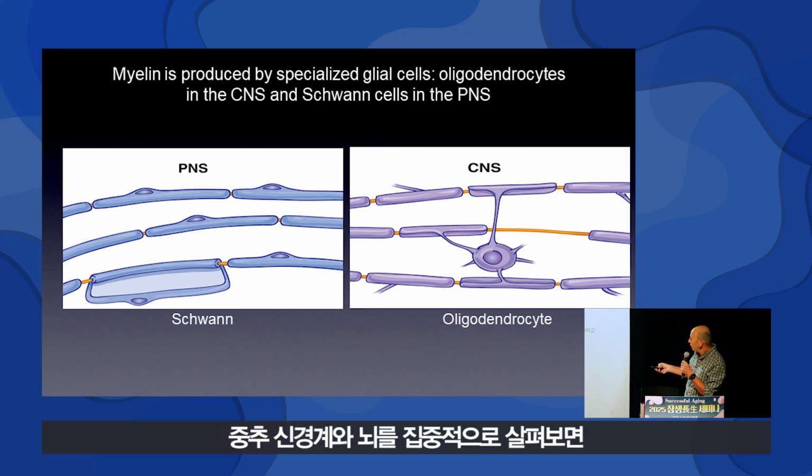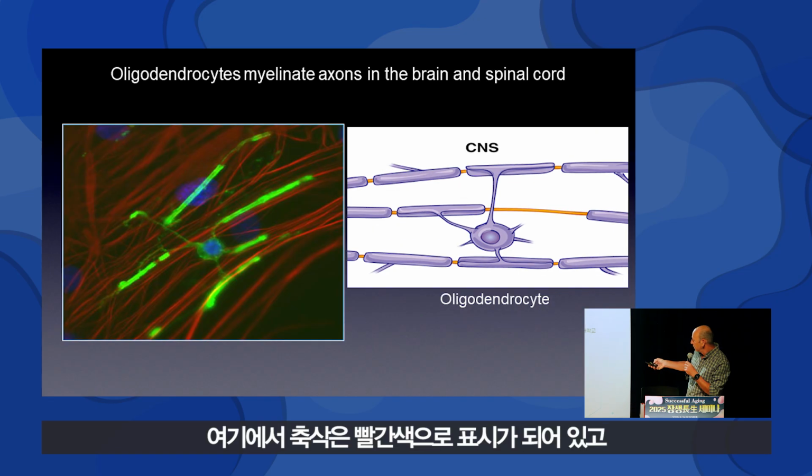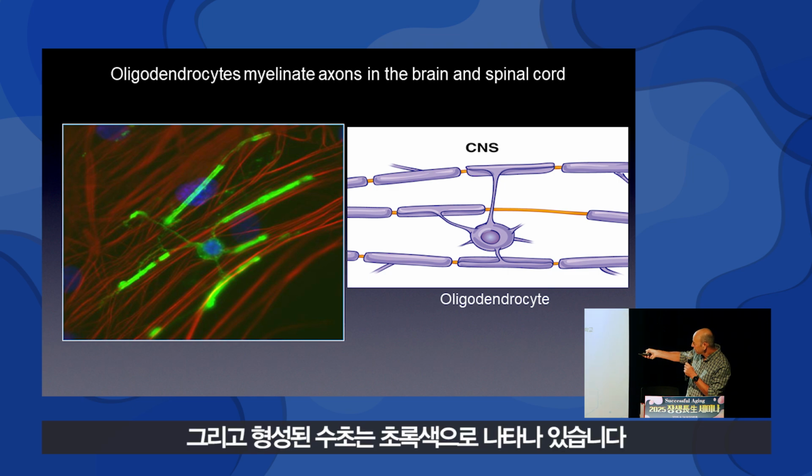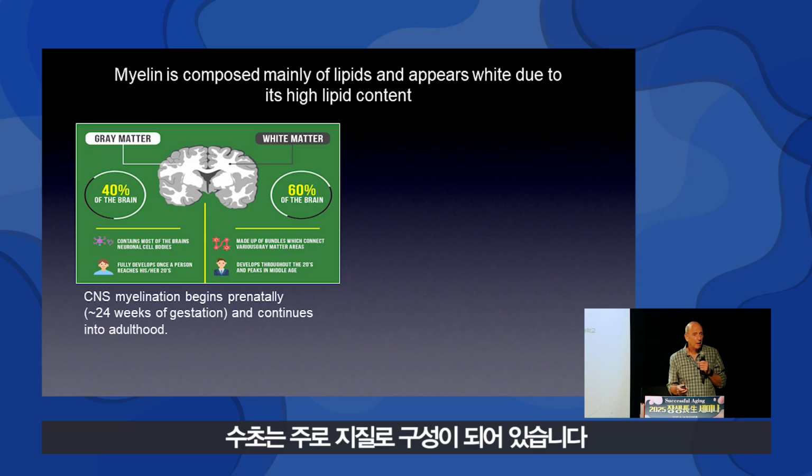Since we are going to talk mainly about the central nerve system and the brain, this is how it looks. This is a picture of neurons stained in red here, and this is in green. This would be the oligodendrocyte, the cell that makes the myelin, and you can see it send processes and make different myelin segments.